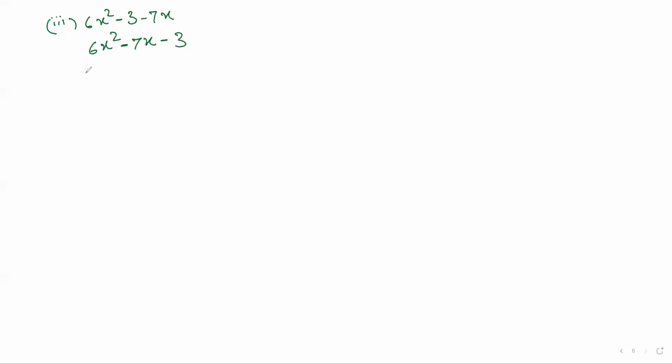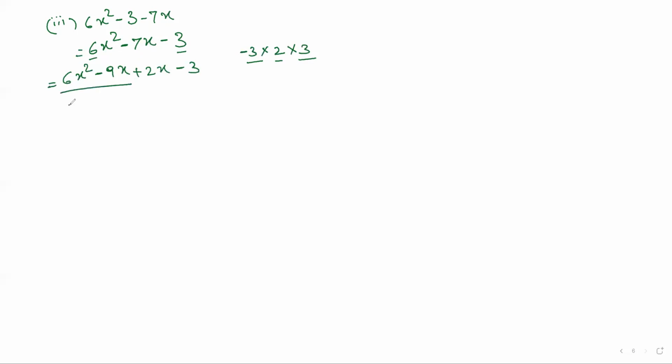Again, you can solve it by middle term splitting method. First value is 6, second is 3. So the multiplication should be minus 18, or minus 3 into 2 into 3. And you need a subtracted value of 7. So 9 minus 2 is 7. 6x squared minus 9x plus 2x minus 3.